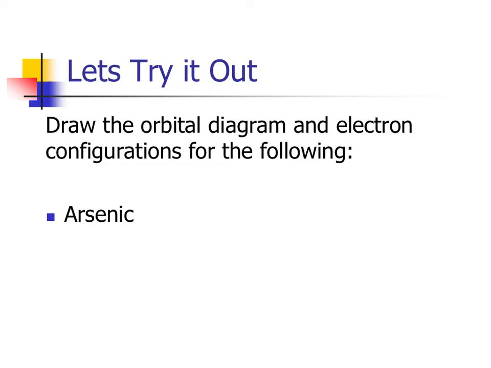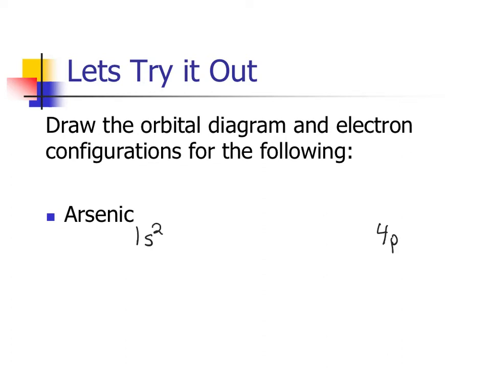So it ends in 4p because it's in the p block. Regardless of where it ends, it has to start with what? 1s. Now everything that we do up to 4p is going to have a full shell.